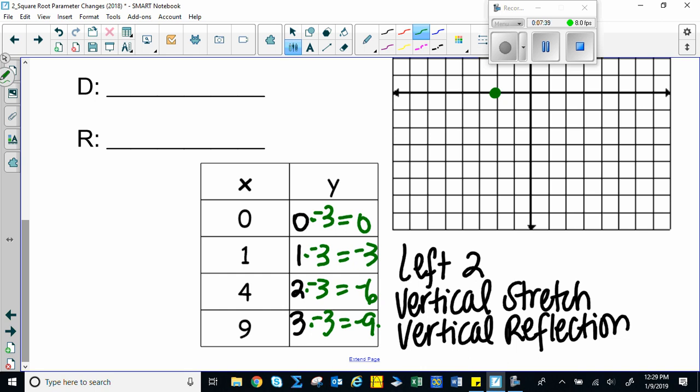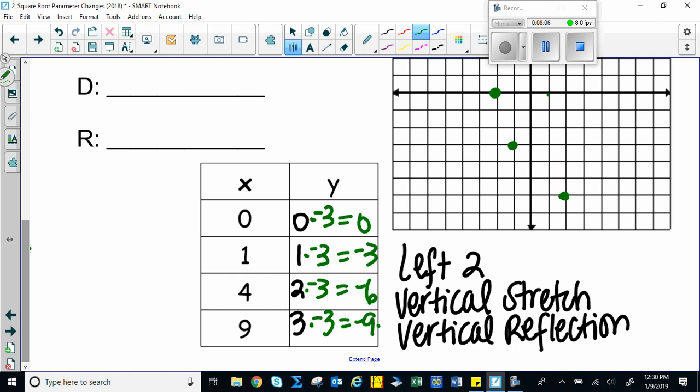This is telling me from my starting point, I am going to go to the right 1 and down 3. So from my starting point to the right 1 and down 1, 2, 3. From my starting point, I'm going to go to the right 4 and down 6. So from the starting point, 1, 2, 3, 4, 1, 2, 3, 4, 5, 6.